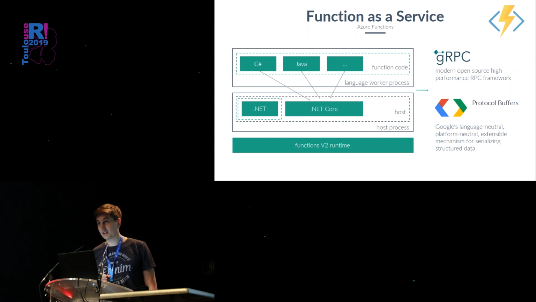And if we take a look at the function as a service by Microsoft called Azure Functions, you see on the left side the architecture of Azure Function version 2 right now, which means you have at the bottom the host process runs entirely on the .NET core framework and connects to different supported languages, for example, C# or Java or JavaScript, R again not being one of them, using 2 different technologies.